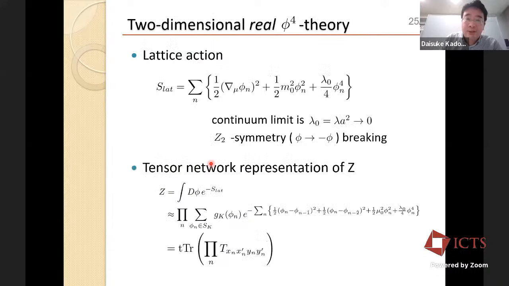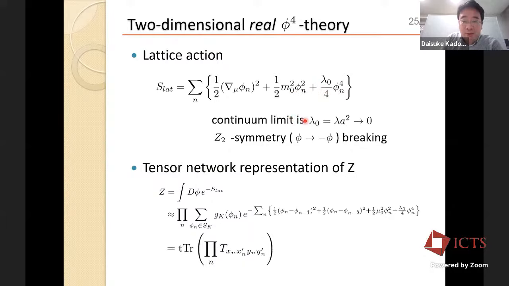And this action is two-dimensional. The two-dimensional real Phi-4 theory is given by this lattice action, and M0 and lambda 0 are coupling constants.